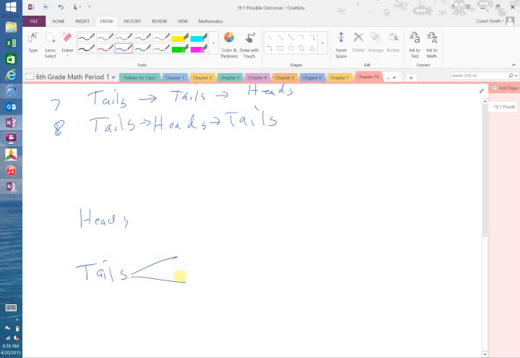And then your second row would be heads, tails, heads, tails. And then each of these would have a heads, tails, heads, tails, heads, tails, heads, tails off of them.